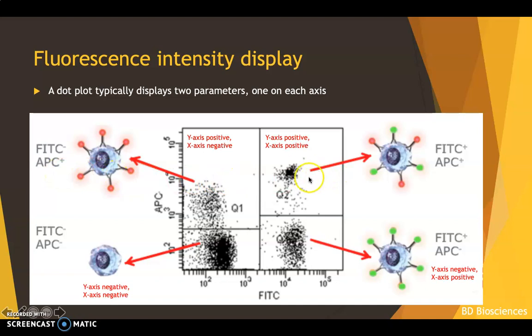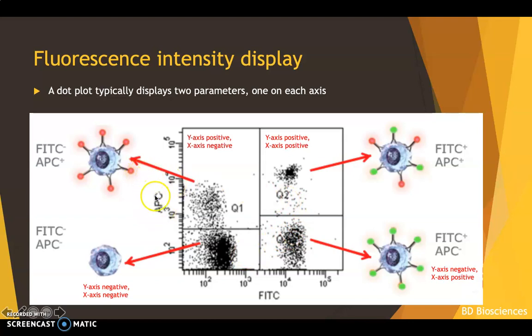For Q2, or quadrant 2, these are the cells that we denote as y-axis positive and x-axis positive, meaning double positive. So for Q2, it's FITC positive and APC positive signals. It's the same subsequently for the bottom 2.